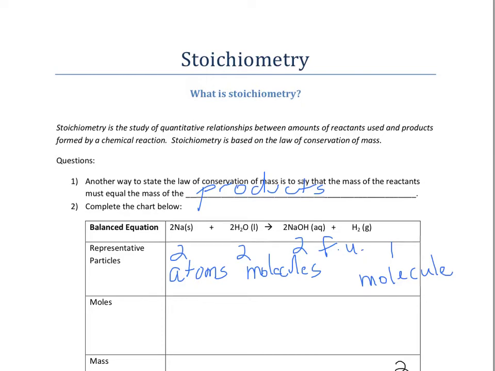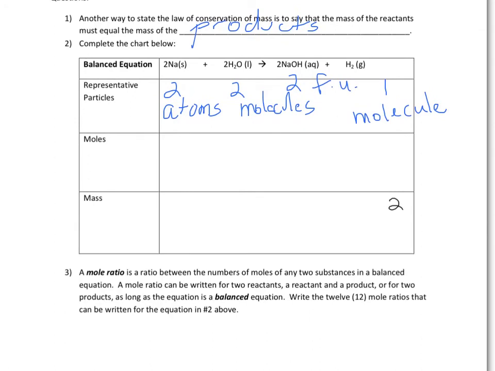All right, and then we want to take a look at, well, what does that mean in terms of moles? And so we will continue. So if we have moles, then what you'll see here is this is a unique relationship. The number of moles is given to us by the coefficient.